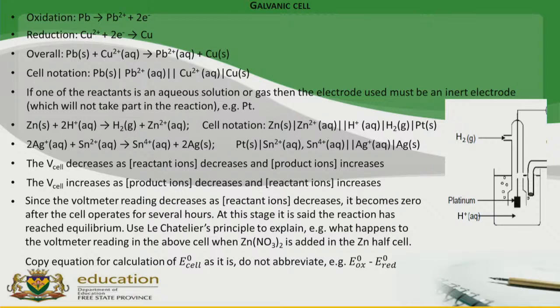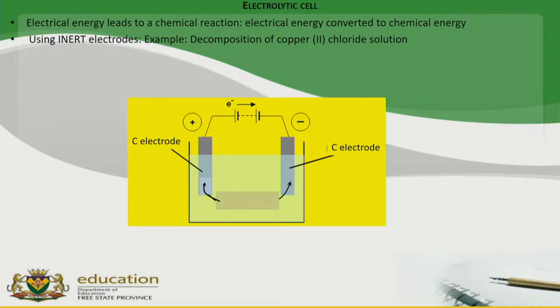If you write that one, you'll get no marks for the formula, because we don't know whether the ox is oxidation or whether the ox is oxidizing agent. So for you to get the marks, copy those formulae as they are from the formula sheet. Fine. And so let us also make sure that we don't use those unconventional abbreviations.